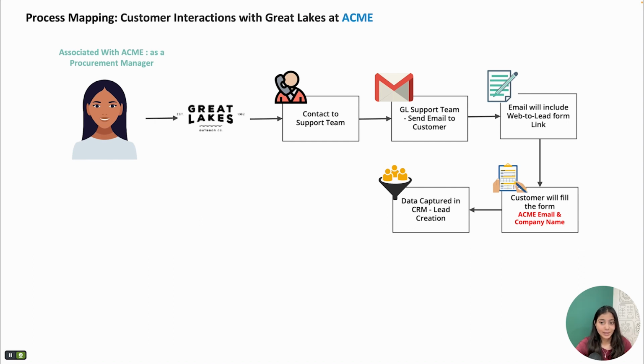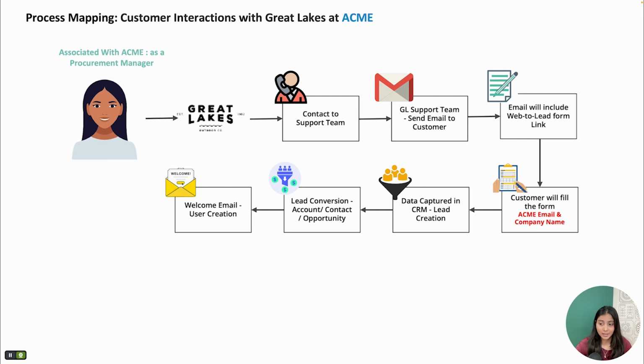Now the sales team of Great Lakes comes into the picture and converts that lead into an account, contact and opportunity. Upon this conversion, Millie receives a welcome mail which includes login details. Using those login details, she is now able to access the Great Lakes website.